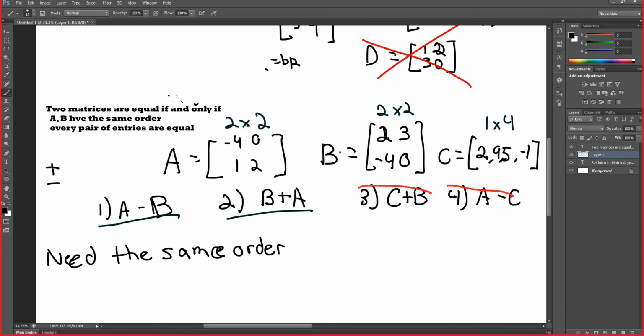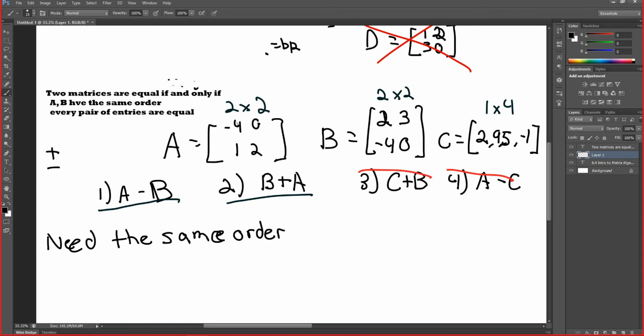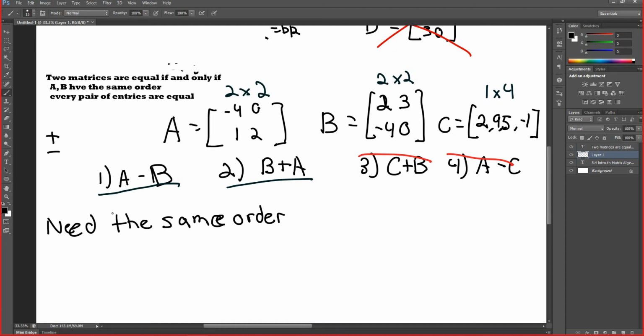If we do have the same order, all we do is look at the actual entries themselves. So if I started with, let's just do number 2 first. All I'm doing is adding the entries. So I'm going to look at 1, 1. Well, it's negative 4 plus 2. So it's just going to be negative 2. Then 1, 2. It's 0 plus 3.